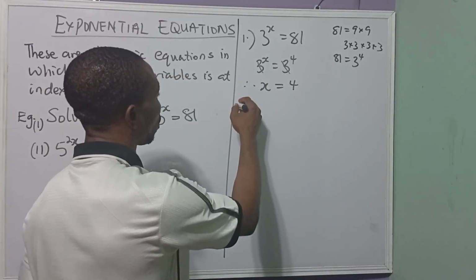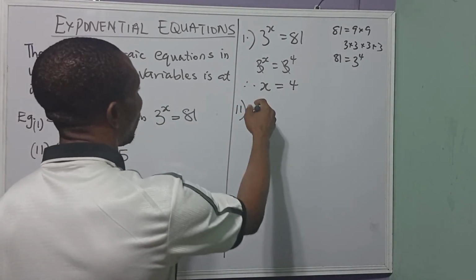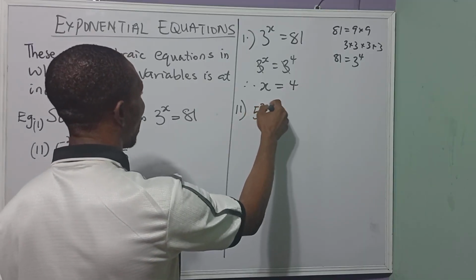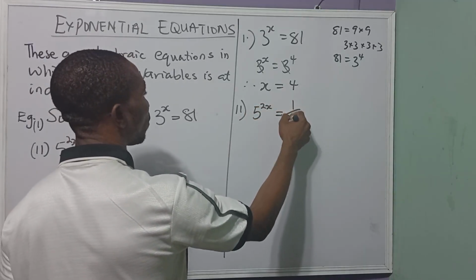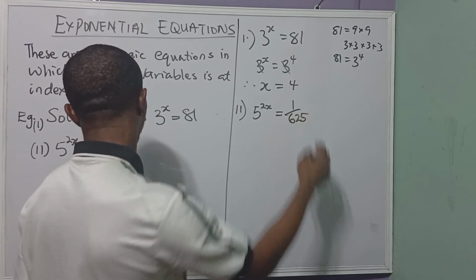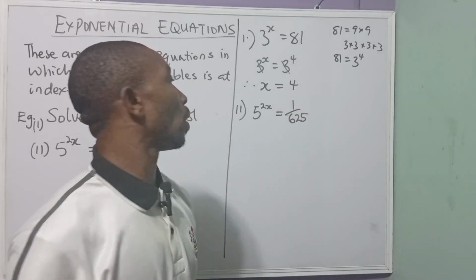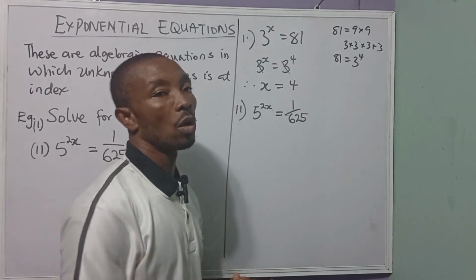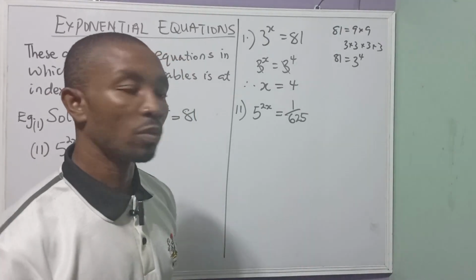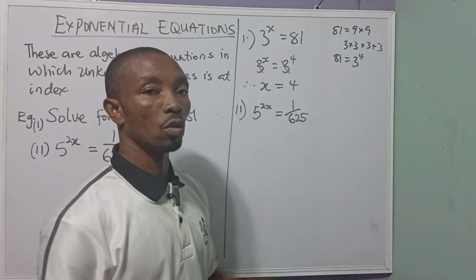Now to our second example, which says 5 raised to 2x equals 1 over 625. Same way, we look for a value of 5 which, when multiplied together, gives us 625.